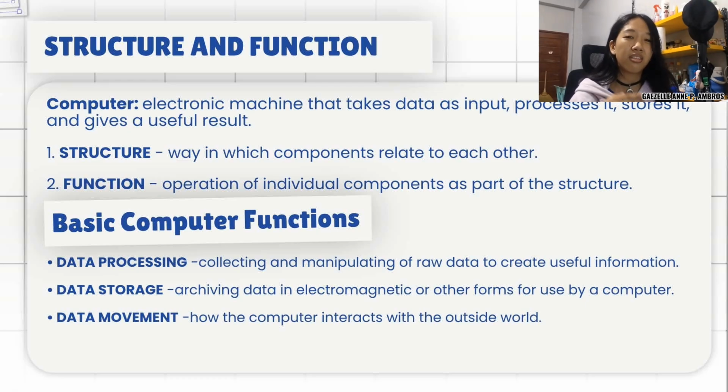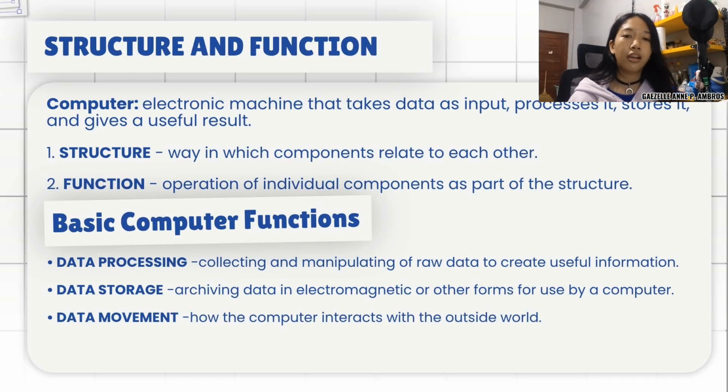So the function is the one that makes sure that everything goes well, everything does what it's supposed to do. And take note of this, a structure is not complete without a function, and a function can't operate without a structure. So these two components are interrelated. They cannot operate without one or the other.